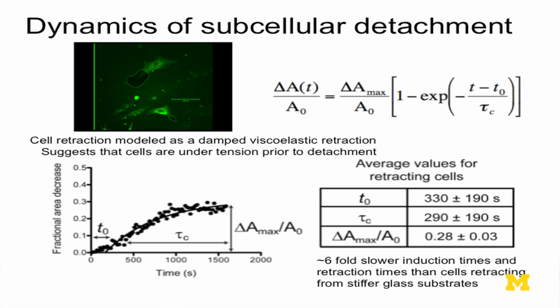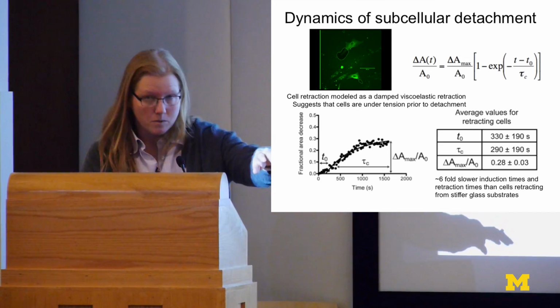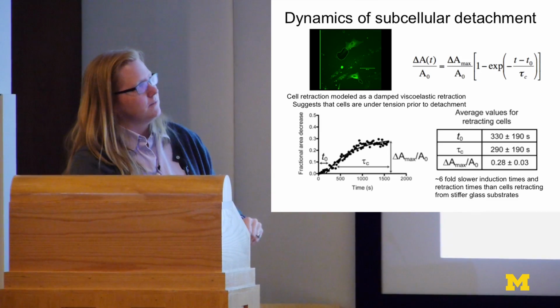So we use this type of experiment and information to get a better understanding of what those forces are. And we can characterize things like the time lag of how long it took the cell to respond, the time constant for the remodeling and the retraction.